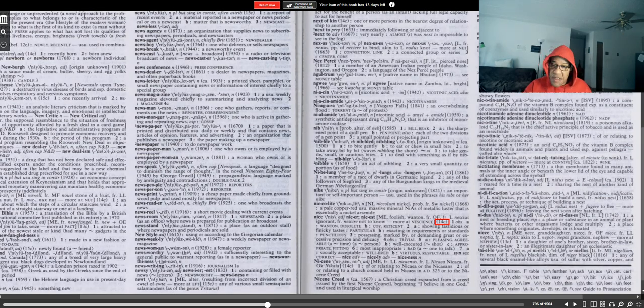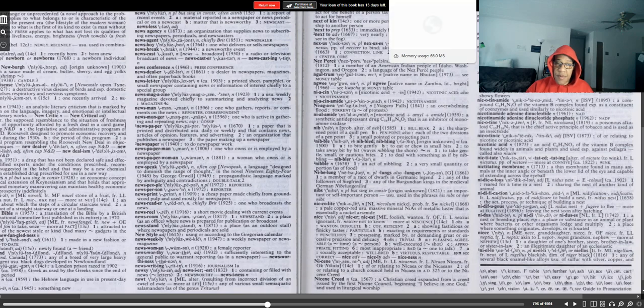So let's dig more into that. Okay, so what we're going to use is something in the front of the book.